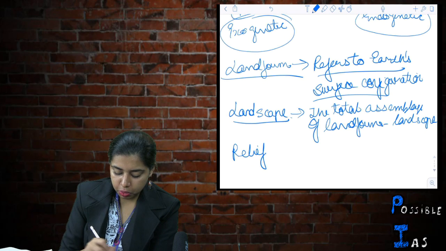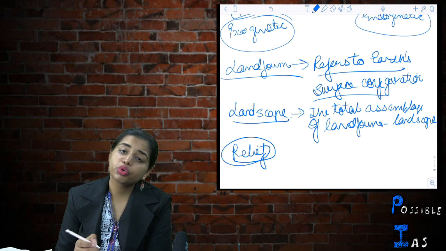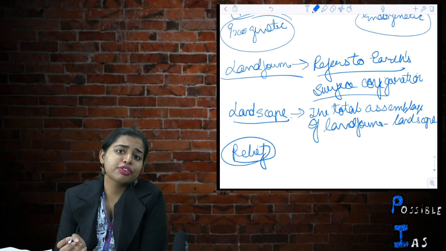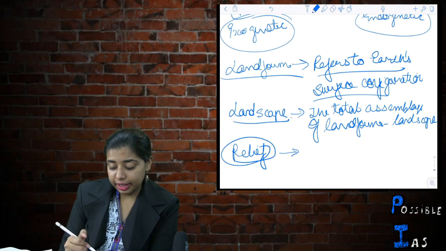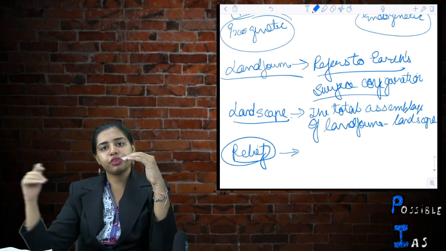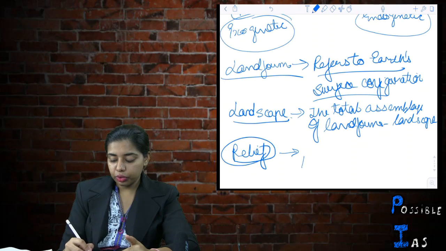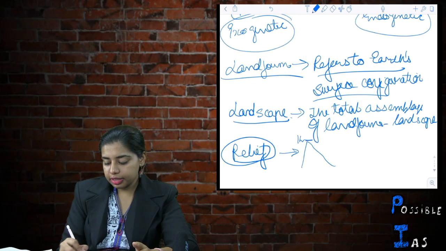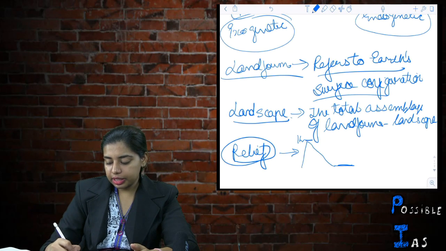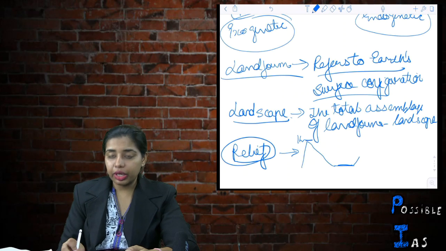Relief. So what is the relief of an area? At times they say this is a low relief area, this is a high relief area. So what does that mean? It means how much is the difference between the different heights in an area. Like if you go to the Himalayas, this area is high, say a kilometer. This area becomes low. Then this area is 500 meters. So there is a variable relief.